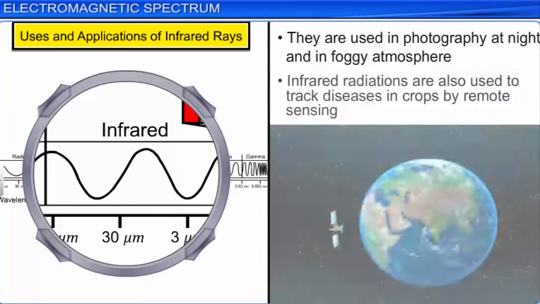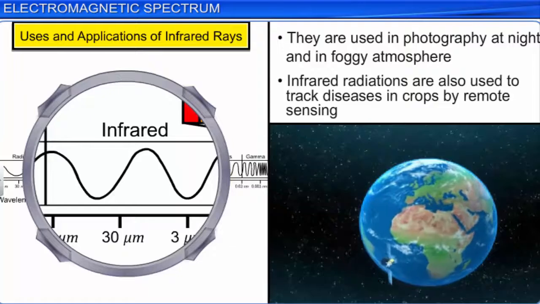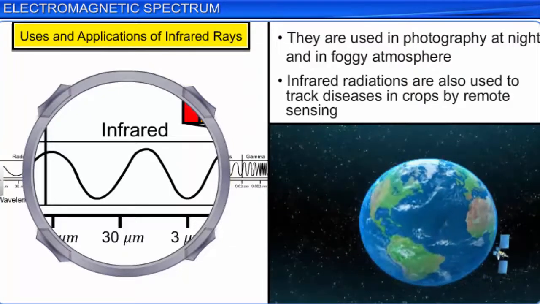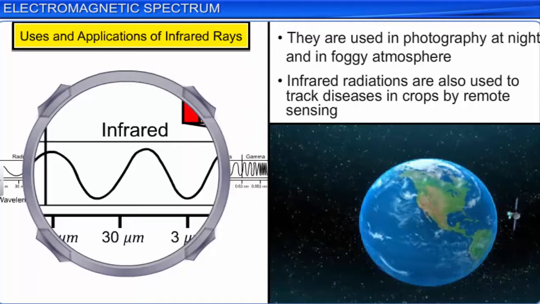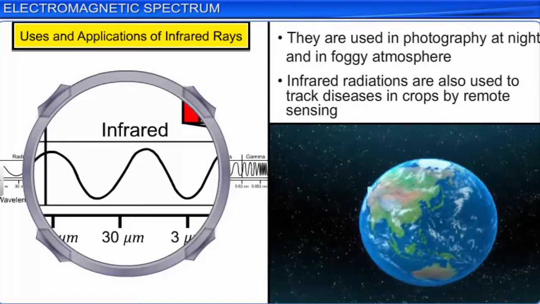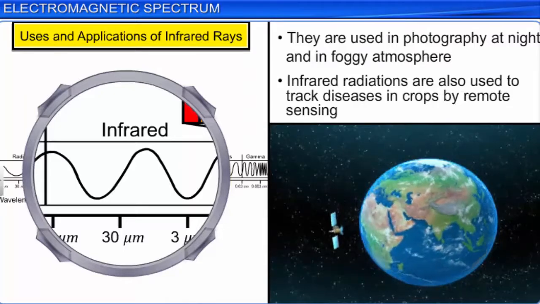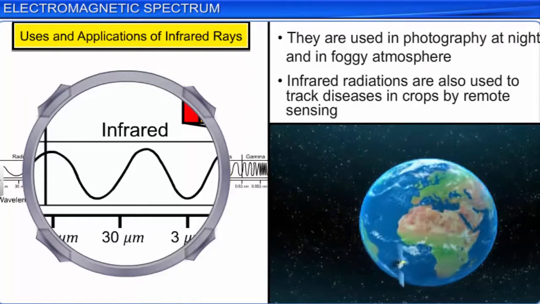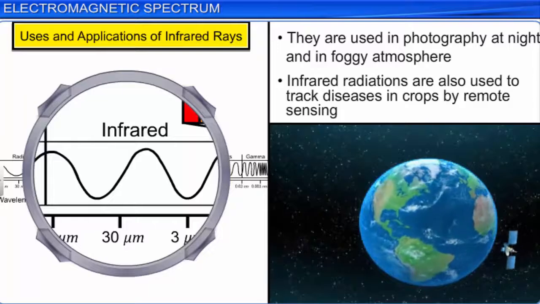Infrared radiations are also used to track diseases in crops by remote sensing. When a crop is diseased, its temperature changes. Infrared detectors can record such changes and give information about the diseased crop.